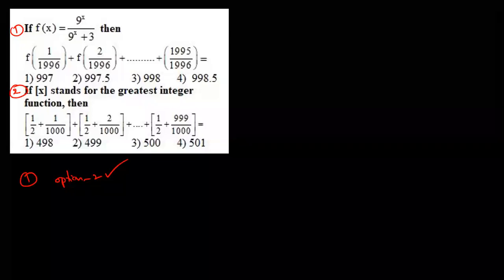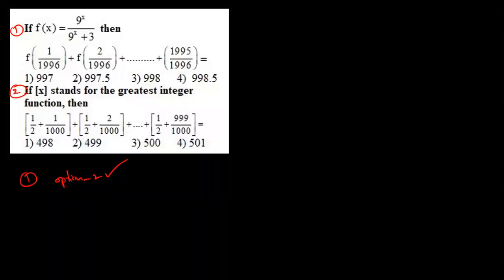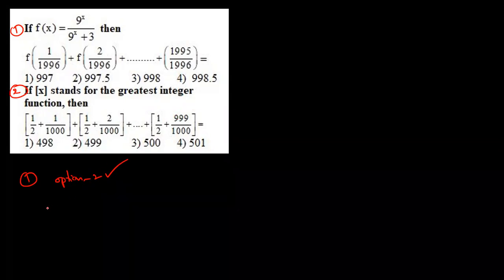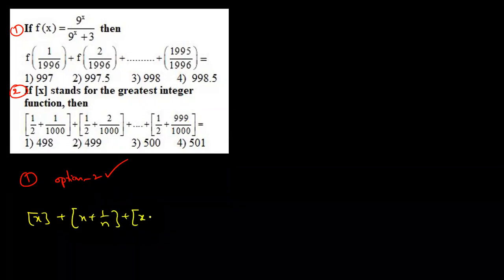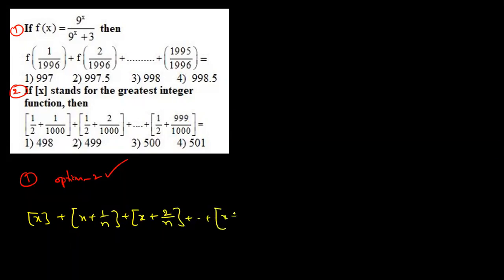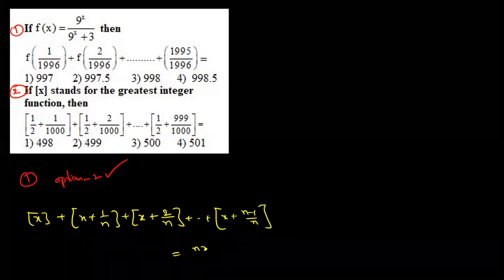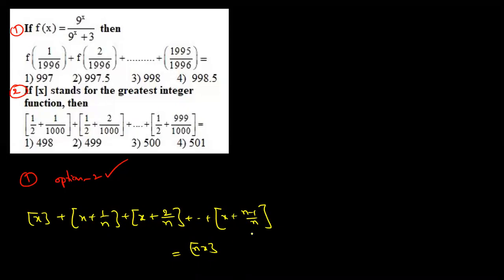Actually, if you go for the procedure, it will take some time. Directly, I'm discussing the formula. What is the formula, dear students? I'm writing. In this case, now what is the x given?